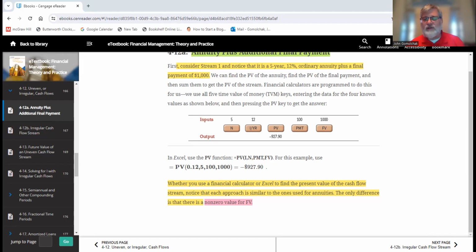I'm looking for present value. Rate, 12%. Number of periods, 5. Payment is, consider stream 1, notice that a 5-year 12% ordinary annuity has a final payment of $1,000.